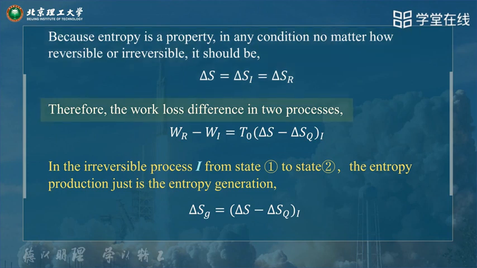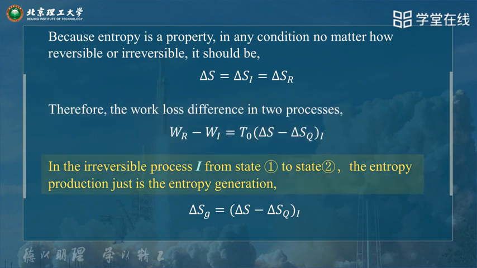Therefore, the work loss difference in the two processes, WR minus WI, equals T0 times delta S minus delta SQI. Delta SQI is the entropy flow in the irreversible process. So the work loss is just T0 times delta S minus delta SQI in the irreversible process.